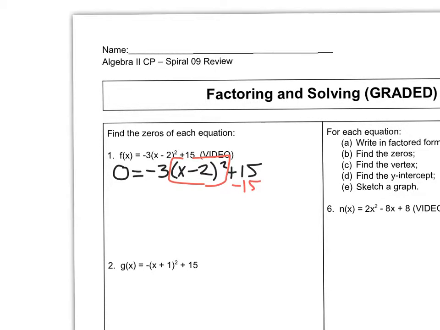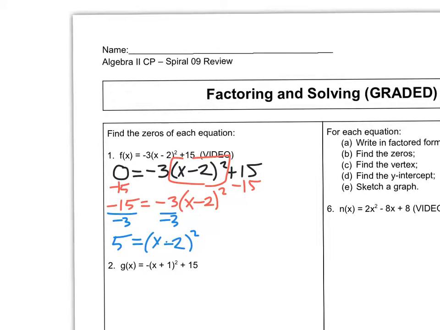If I subtract 15 from both sides, we end up with negative 15 is equal to negative 3 times (x minus 2) squared. Dividing both sides by negative 3, of course we have to use both sides, gives us positive 5 is equal to the quantity x minus 2 squared.